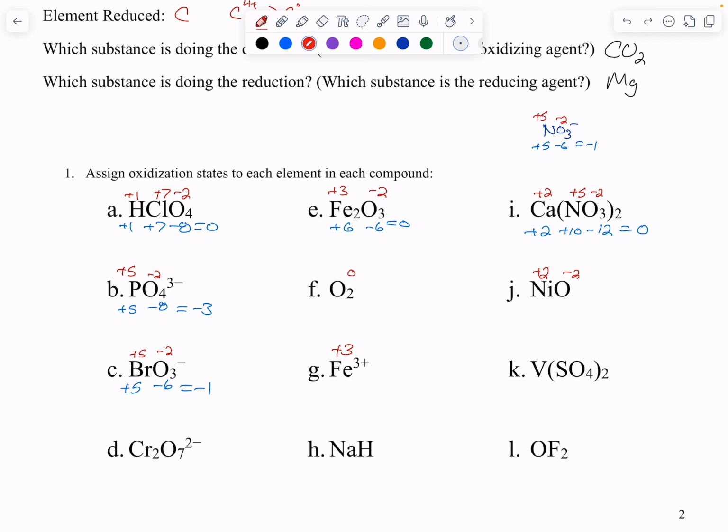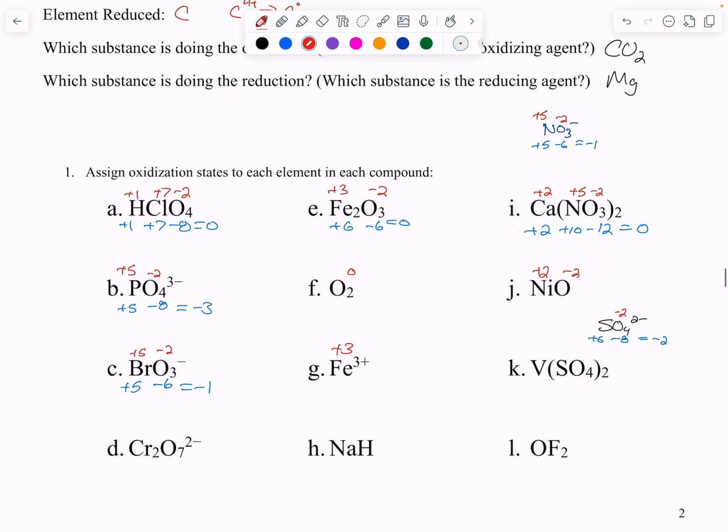All right, naming of K. That's vanadium and sulfate. Sulfate is -2, and there's 2 of them, so that's vanadium 4 sulfate. Okay. But let's just say you didn't know that. You could always do SO4 2- like this. We just did this one, -2. Oxygen was -2, which is a -8, +6.